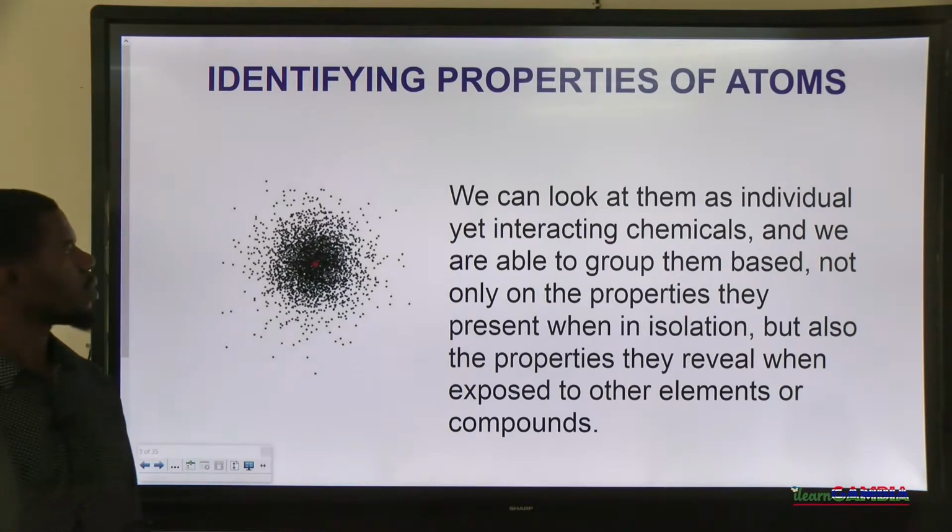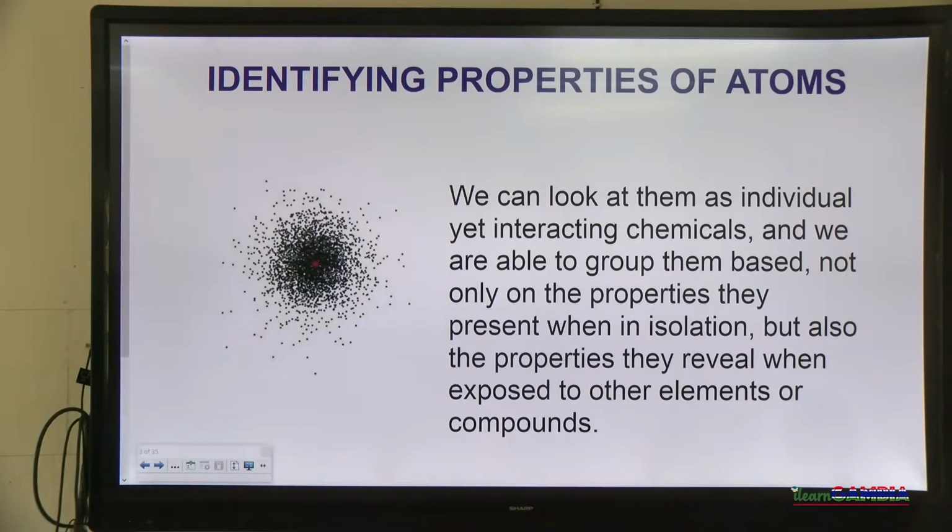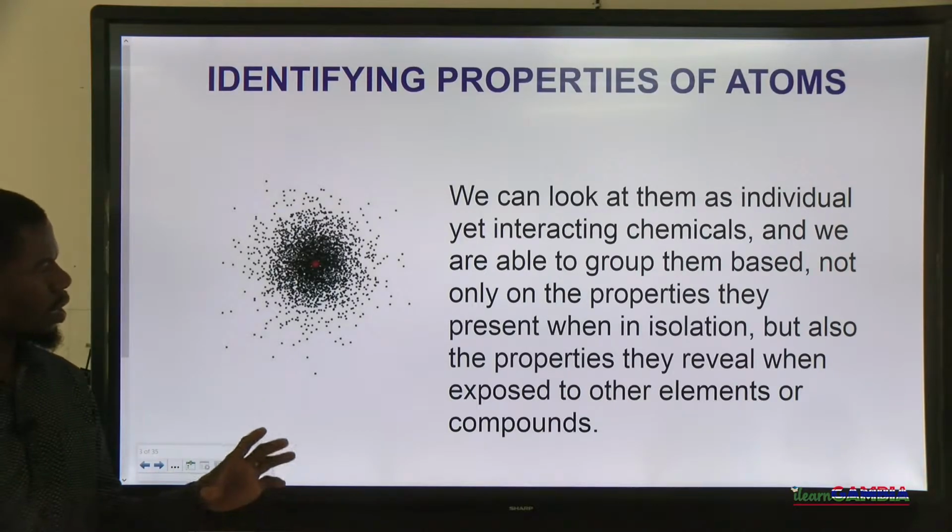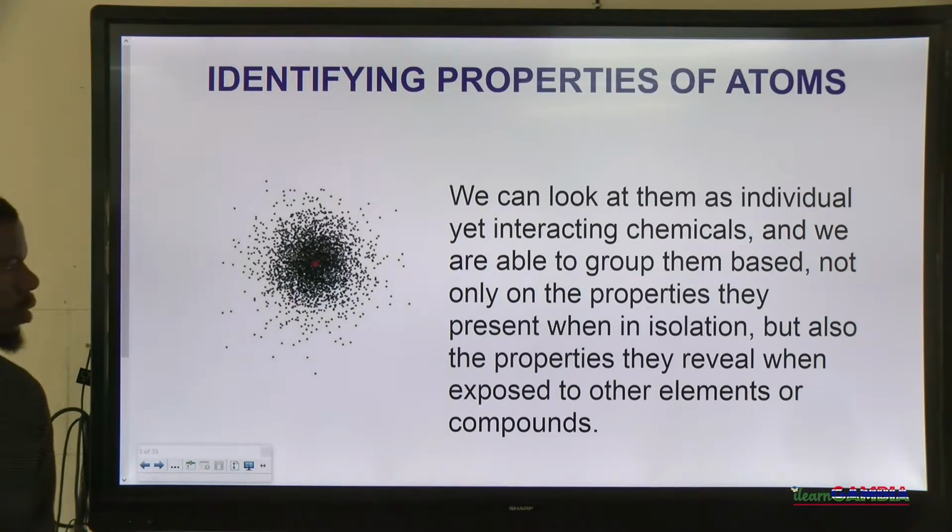Still looking at the properties of atoms. When we look at the individual atoms and yet interacting chemicals, we are able to group them based not only on the properties they present when in isolation, but also the properties they reveal when exposed to other elements or compounds.